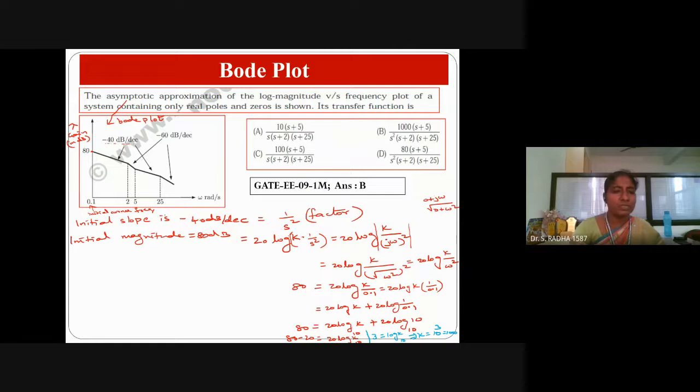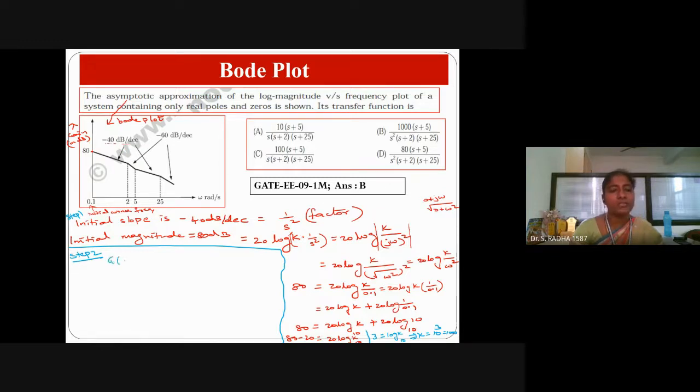Further, this is step number 1, finding the k value. Now I will go with step number 2. After minus 40, it is changing to minus 60.